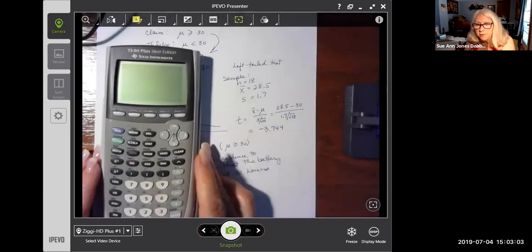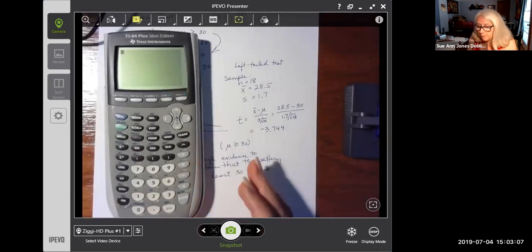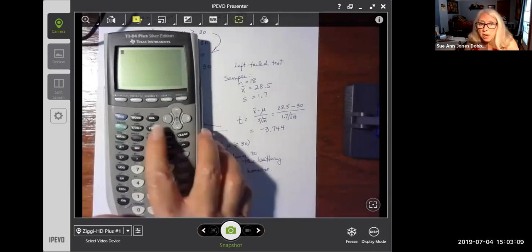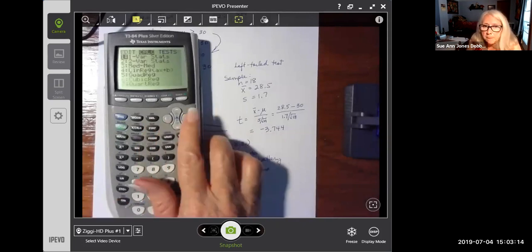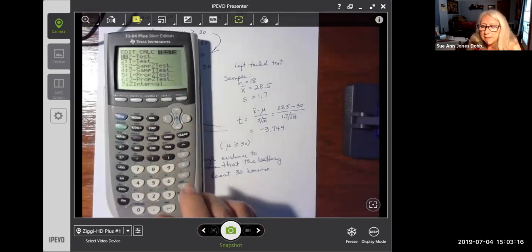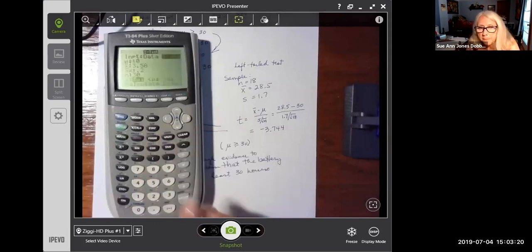And incidentally, there's a handout about this in the course content. Okay, but I'm just going to show it to you. So I'm going to go to Stat, and I'm going to go over to Tests. And I want a t-test, which is the second one down, and then I hit Enter. And I'm doing it with statistics because that's what I've got. Okay, so I go down.